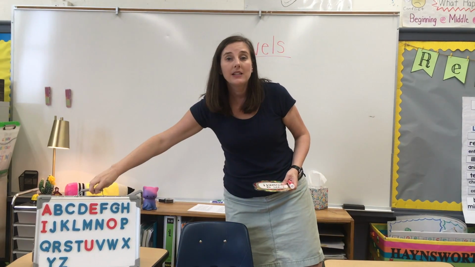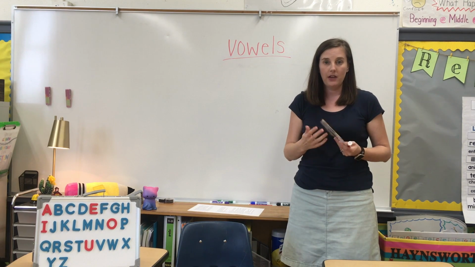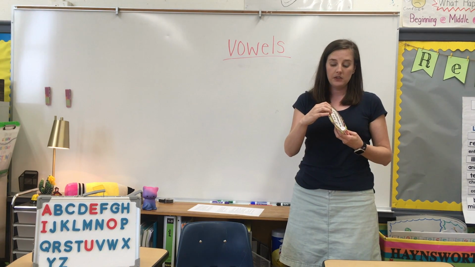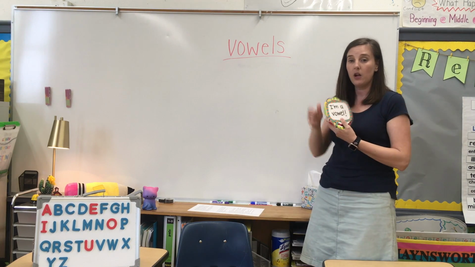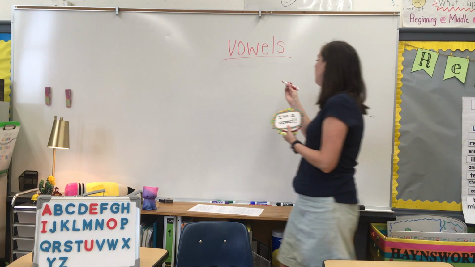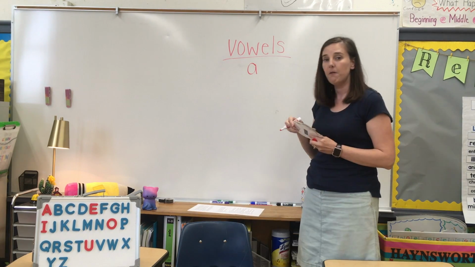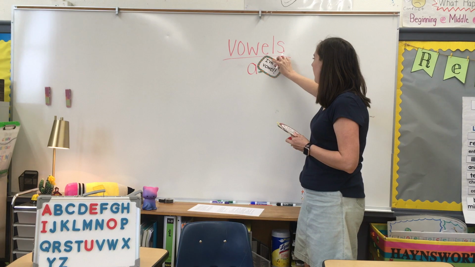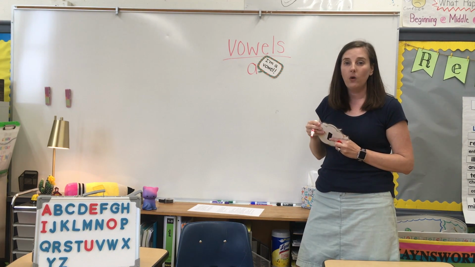When you come back to my classroom, right above my board, you will see the alphabet. And above some of those letters, you'll see these word bubbles. And I want to talk about these word bubbles. Right above the letter A on my alphabet, I have this word bubble that says, I'm a vowel.